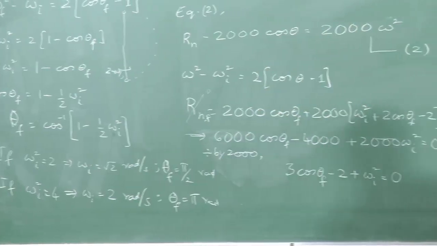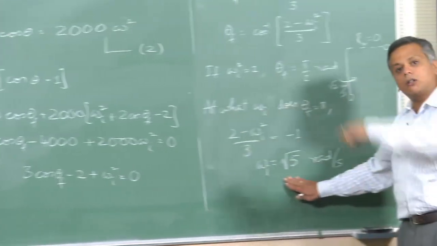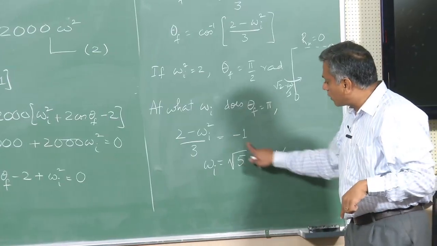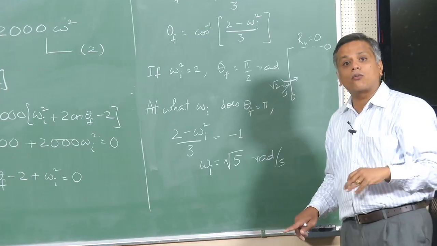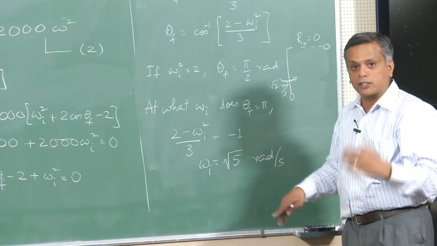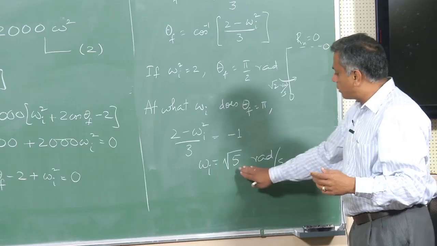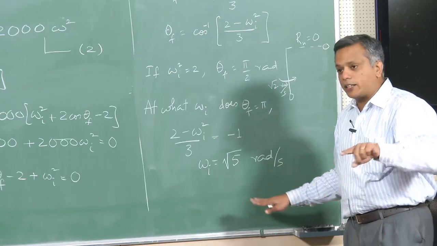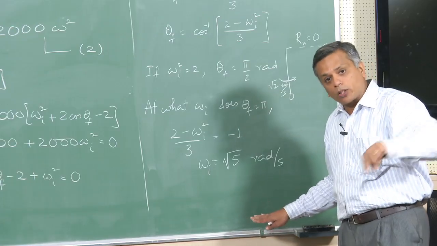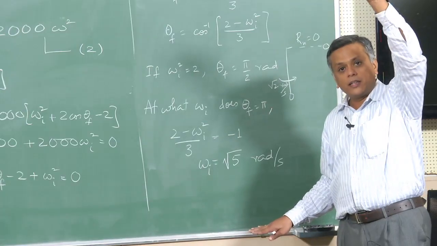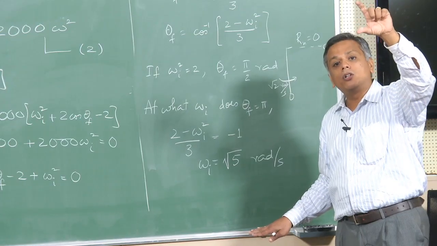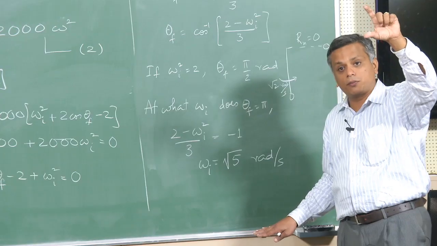Whereas if I want the bar to remain under tension all the way to the top, 2 radians per second is not enough. I have to give it an angular velocity of square root of 5 radians per second. Square root of 5 is greater than 2, and it requires at least square root of 5 radians per second for the bar to reach the top and the normal reaction in the bar to be positive.